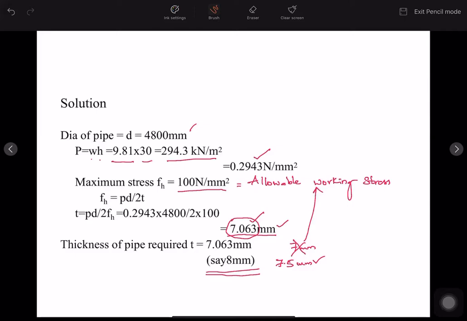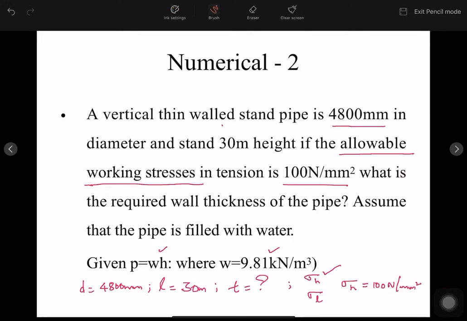So in this numerical, you need to understand which value we should take as 100. These are all just terminology differences. Safe stress, allowable working stress, all are of the same condition, which we need to observe.